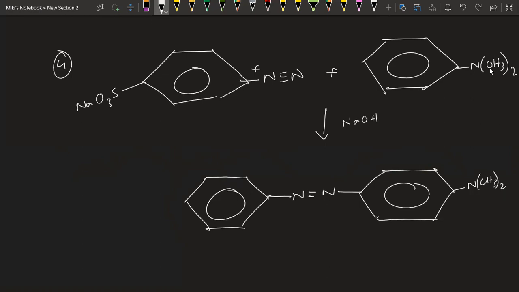So that was N(CH3)2, this is CH3, N(CH3)2, and over here we have SO3Na. This was CH3. I mistakenly wrote oxygen previously, so this was carbon.